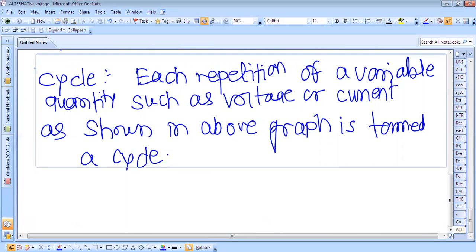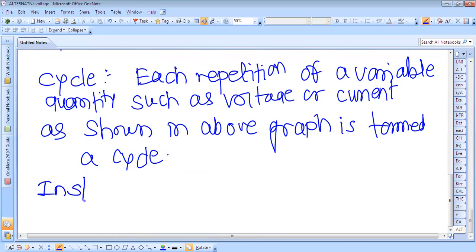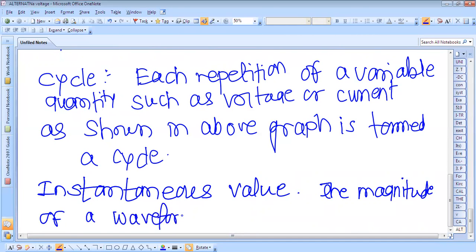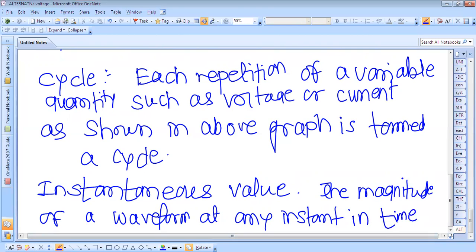Next is the instantaneous value. The magnitude of a waveform at any instant in time is called the instantaneous value.